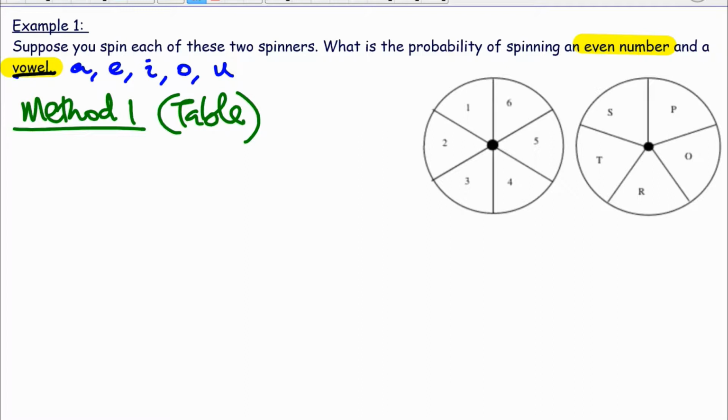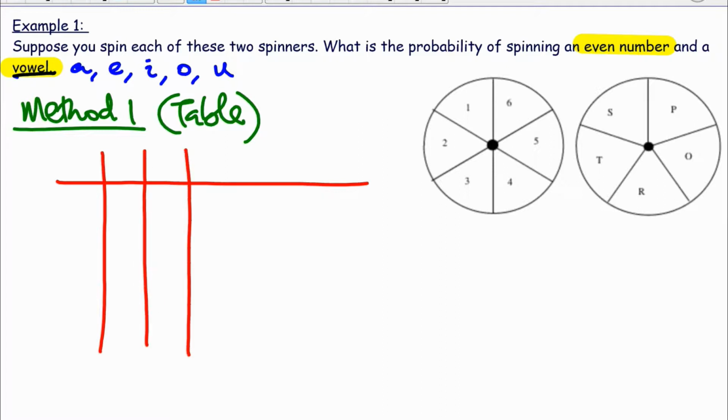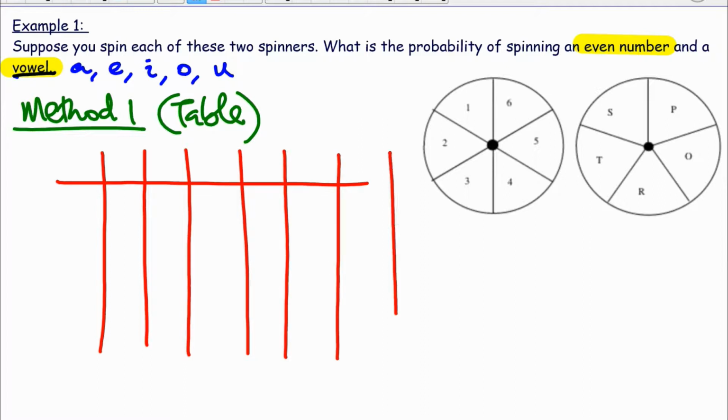Now the first spinner has 6 faces. So I'm going to make 6 portions: 1, 2, 3, 4, 5, 6.